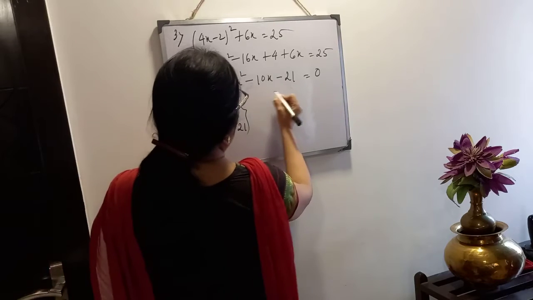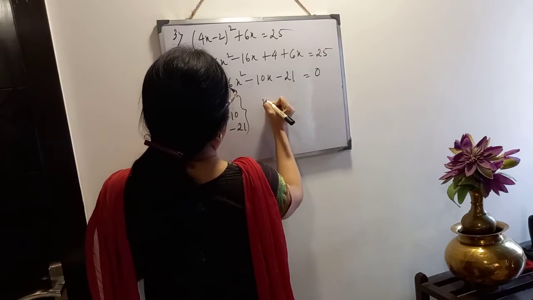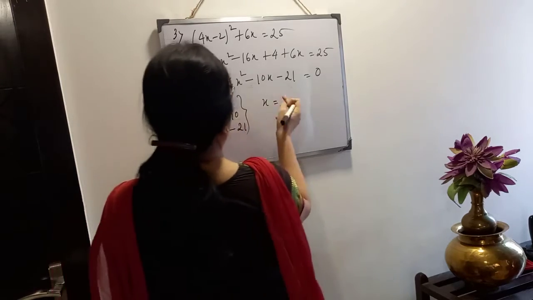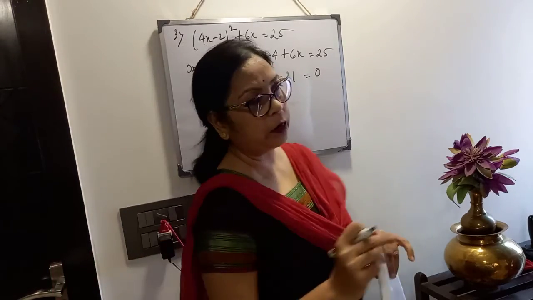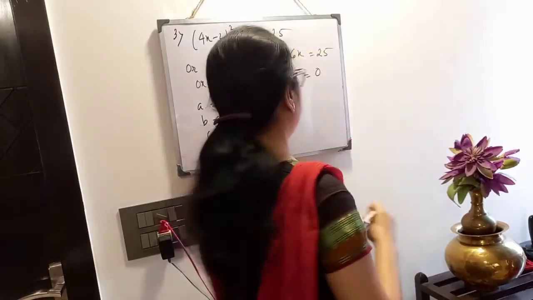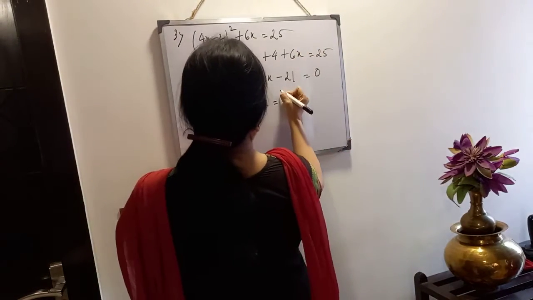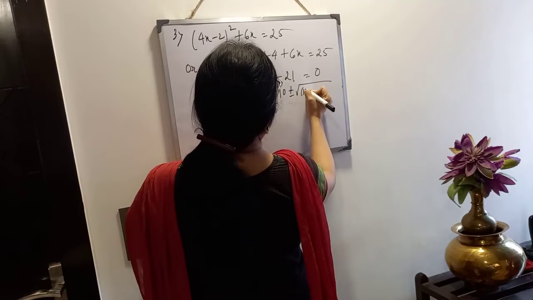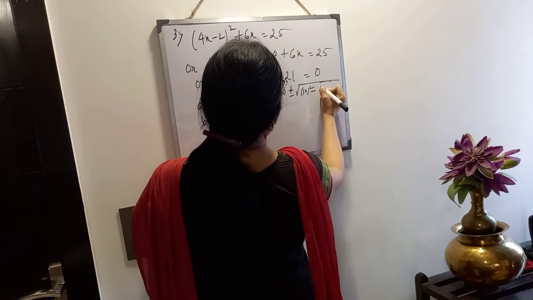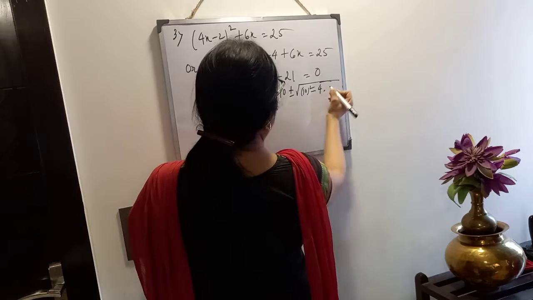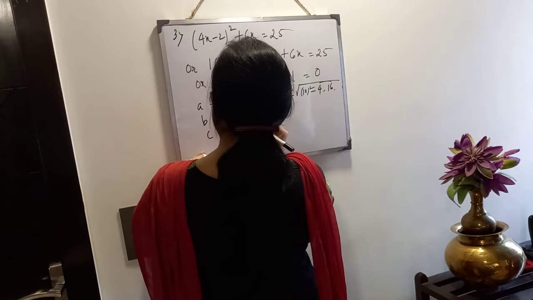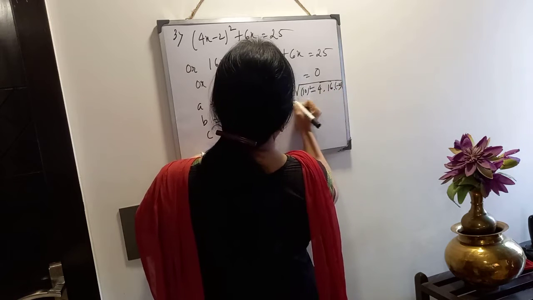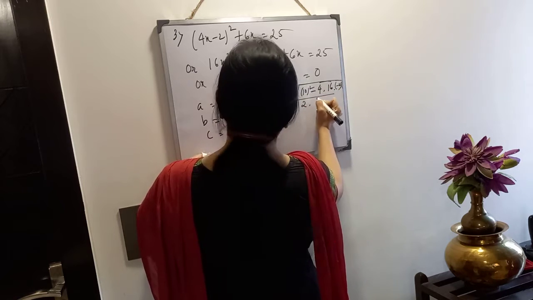Now using Sridhar Acharya's formula, what we are getting: x equal to, I am not writing again that formula, okay, directly I am putting that, but you don't do that, you will not get marks. Now minus b means 10, plus minus root over b square minus 4 into a into c minus 21 by 2 into 16.